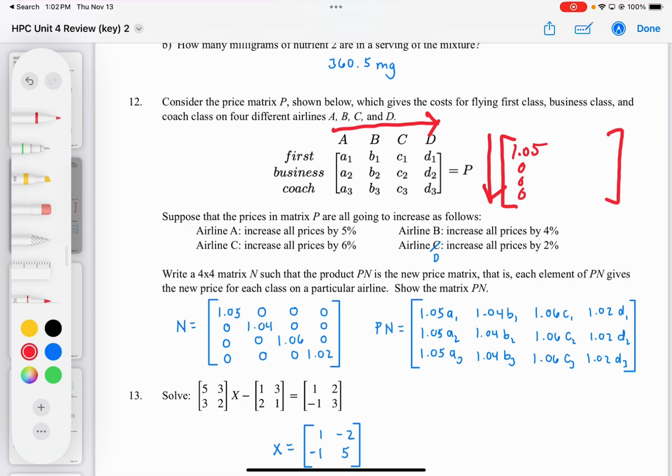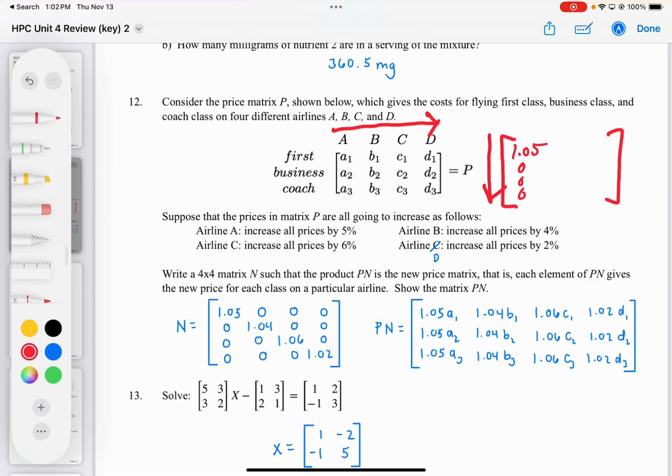And the same thing is going to happen as I keep going along the top side. In that first column, if I multiply along here and then diagonally, I'm also going to want zeros. And then if I multiply this column by this first row, I want A sub 2 to hit that 1.05, and then the rest of these I want to be zeros.